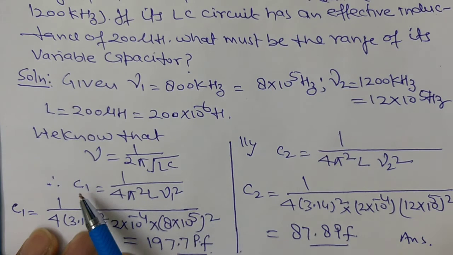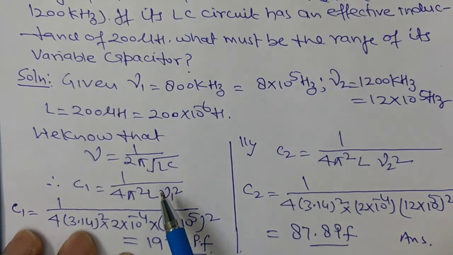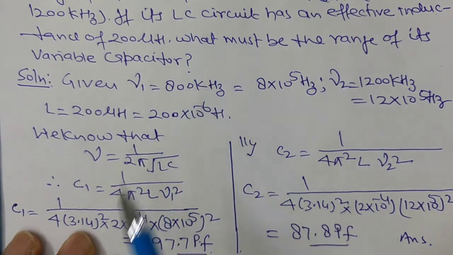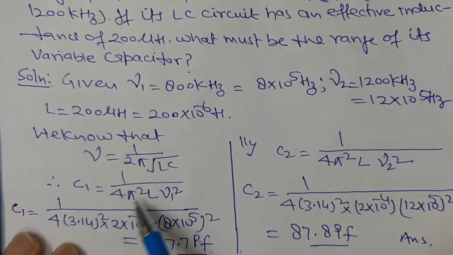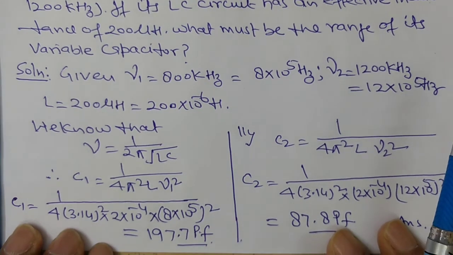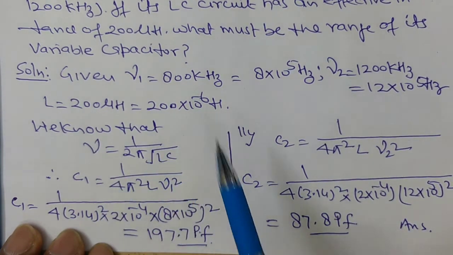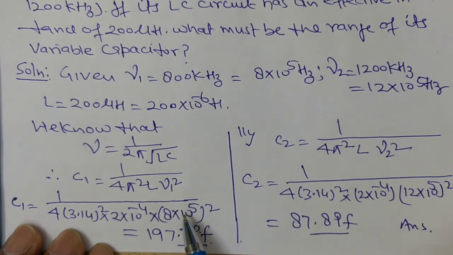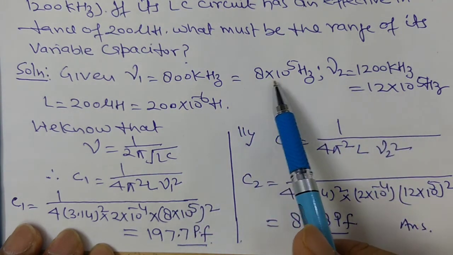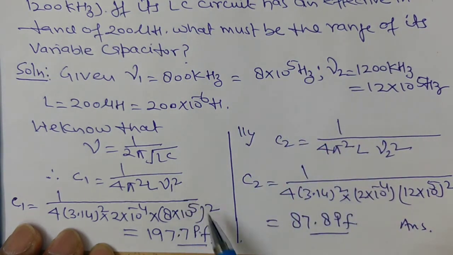Right, so from this we calculated the value of C1. Now on putting the values of 4 and pi, you know, 3.14, and this inductance L is given as 2 into 10 to the power minus 4, and the first frequency 8 into 10 to the power 5, this whole square. After putting the values and solving, the capacitance is equal to 197.7 picofarad.